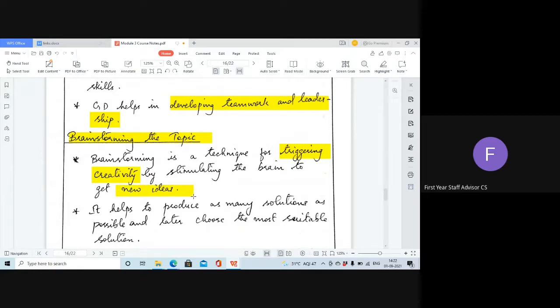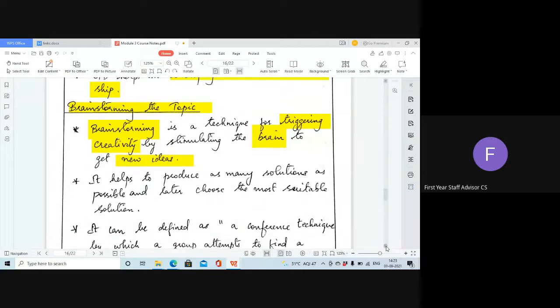Your brain is forcefully made to think and create new ideas. This is a very interesting exercise for students, but it is not considered a competition. It is done in order to gather ideas from others. So putting several ideas together is known as brainstorming.